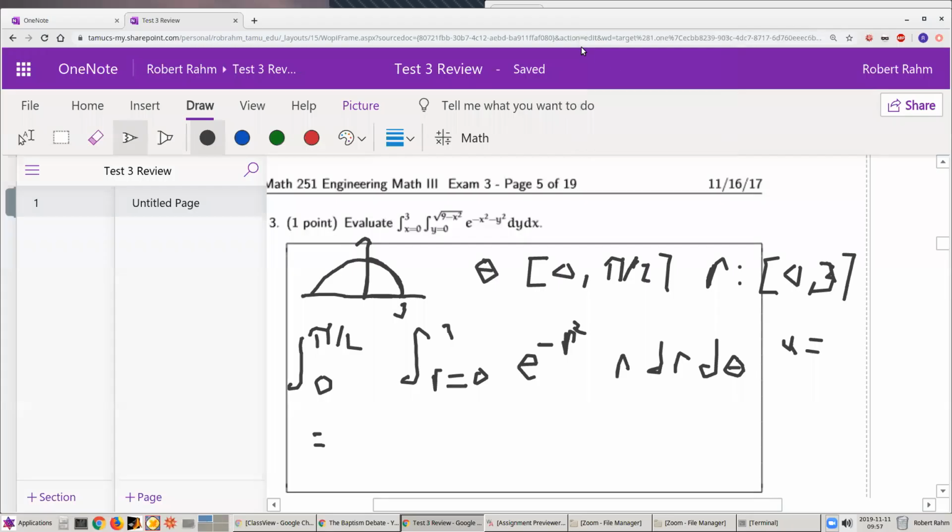So this means, which is a Calc 1 integral.